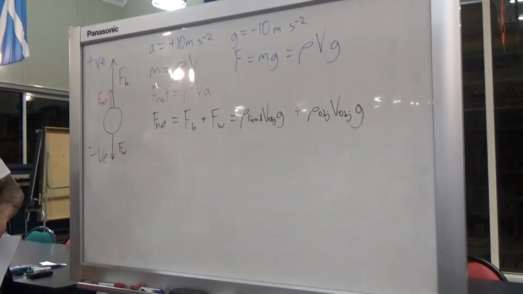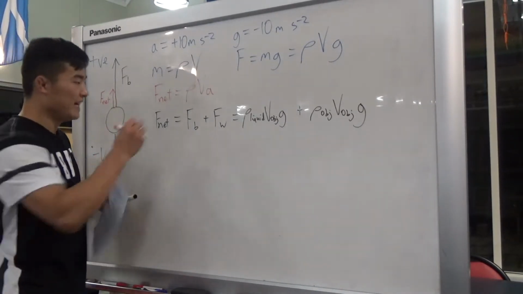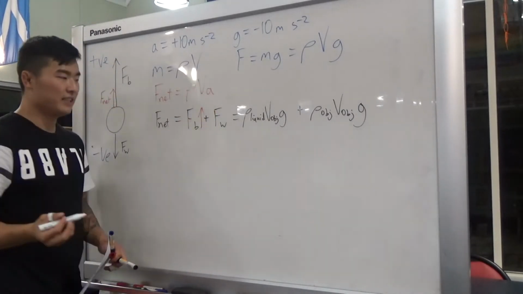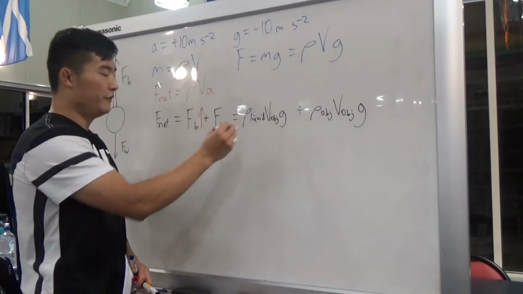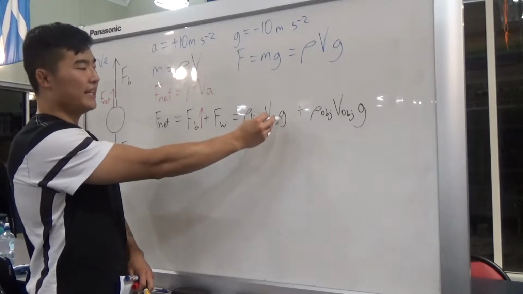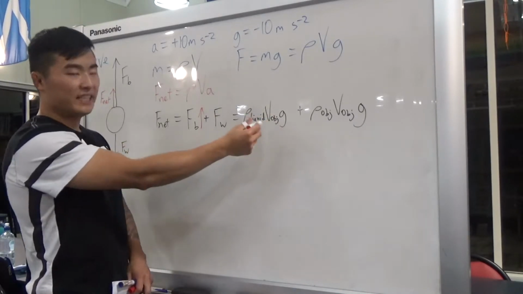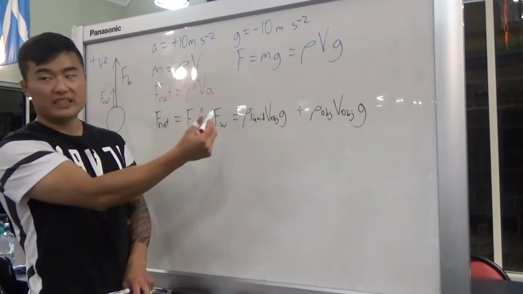We know that the buoyant force is supposed to be acting in an upwards direction, but if you put in g, which is negative 10, that would give this part here a negative value, which isn't right.